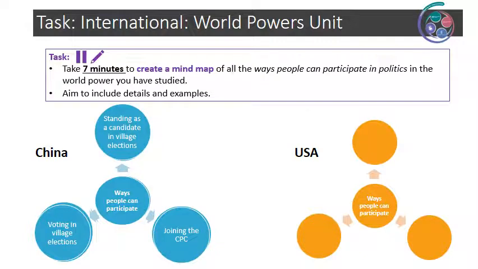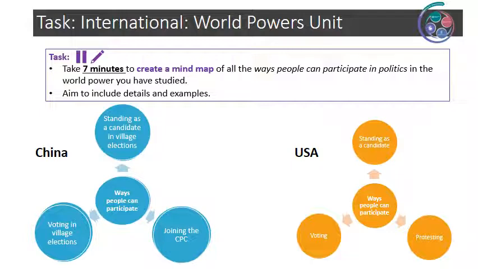If you've completed the task, there are some examples on the screen of the types of answers that you might have. For example, in China, when we're looking at ways that people can participate in politics, we could have information on standing as a candidate in village elections, we could have voting in village elections, and we could have joining the Chinese Communist Party, or CPC.